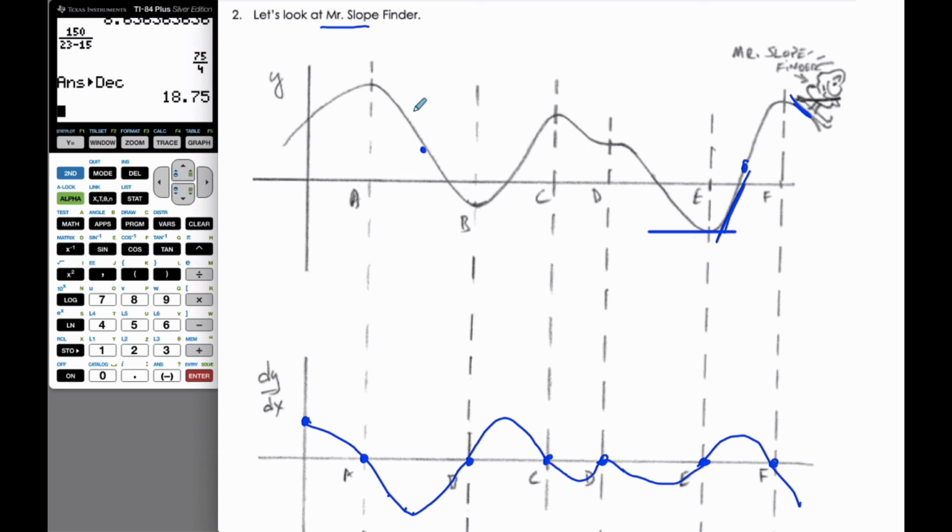And so if we try to generalize it, what's happening between 0 and A? In this region here, I can see that my graph is increasing. So if the graph is increasing, the derivative is positive, above the x-axis. If it's decreasing, then the derivative is negative.